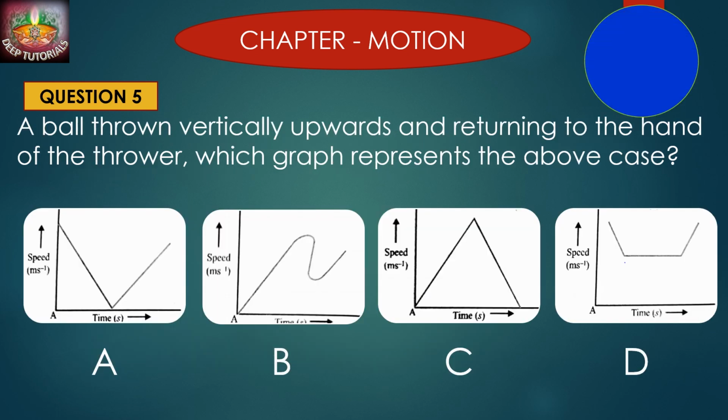Question number 5. A ball thrown vertically upwards and returning to the hand of the thrower. Which graph represents the above case?